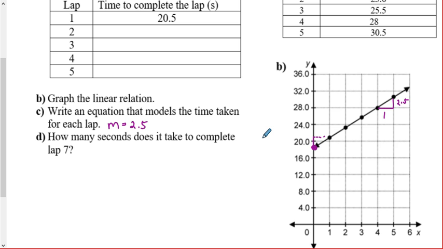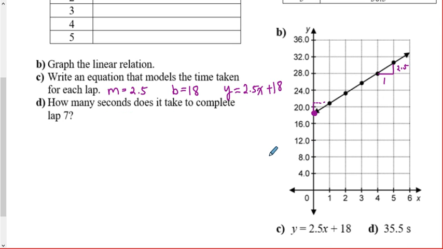So we'll say, okay, our y-intercept would be 18. So what's our equation? Well, it's y equals mx plus b. There's our equation. y equals 2.5x plus 18.